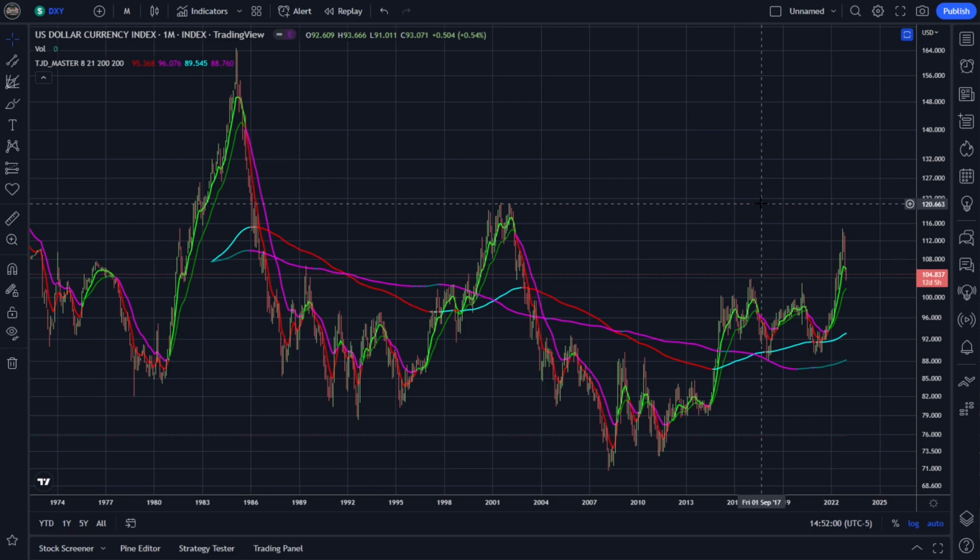hey, the dollar has been in a downtrend for a long time. I would rather have my debt denominated in a depreciating currency. Therefore, when I pay off that debt, I still owe the same amount of dollars, but the dollars are worth less because of the loss of value relative.